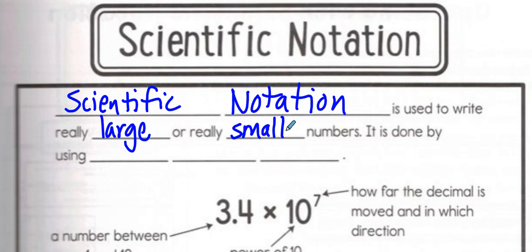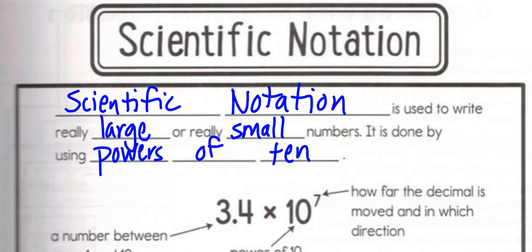It is done by using powers of 10. At any time during this video, if you feel like I'm going too fast, feel free to pause the video so that you can catch up in recording your notes.